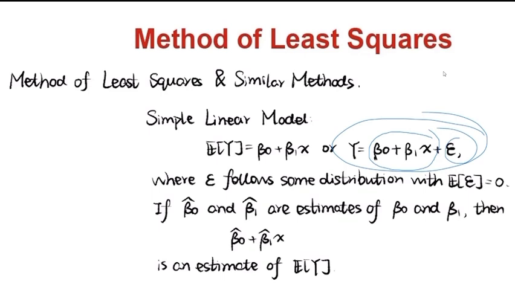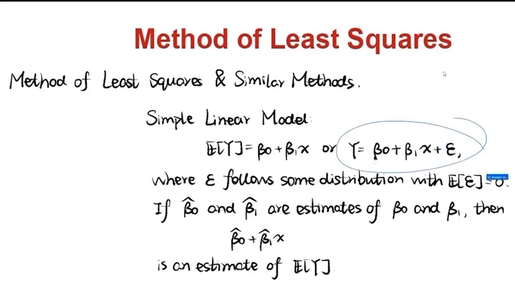And of course, in a probabilistic model, on average, when I take the expectation of the response variable, I'm going to have beta naught plus beta 1 x. Taking the expectation of a random response variable y, that indicates y varies.